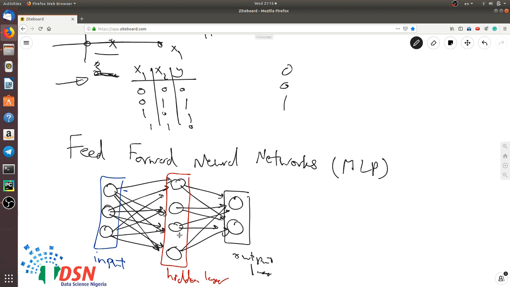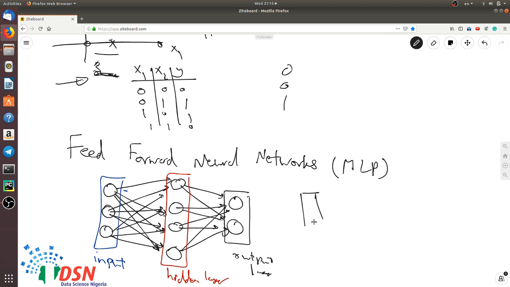For this network, we call it a two-layer network. Typically, we don't count the input layer as a layer of the neural network. So we call this a two-layer neural network, or one hidden layer neural network. You could have a network with multiple hidden layers.